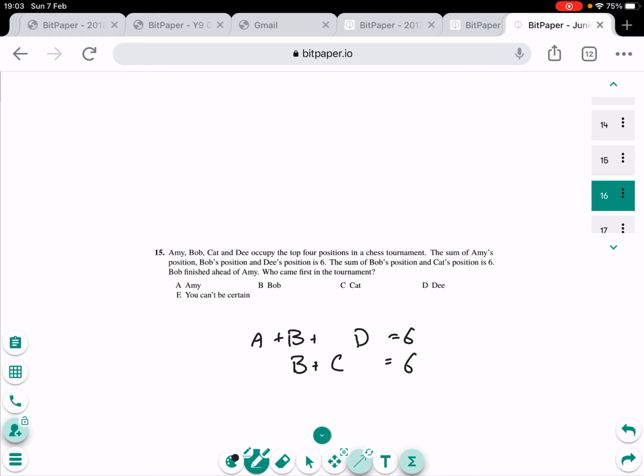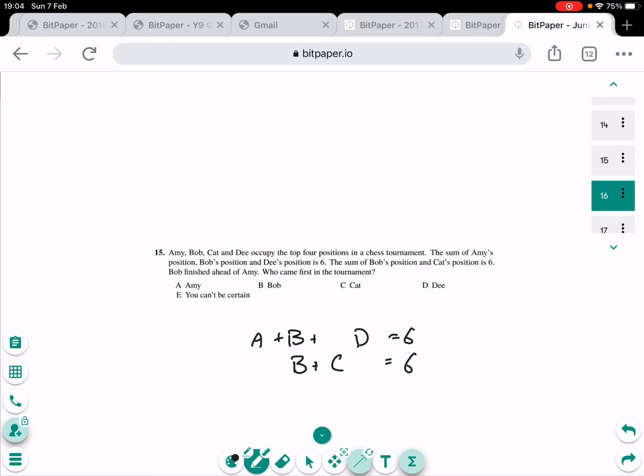So B finished ahead of Amy. Who came first in the tournament? You know that C is quite a high position, as it is larger than A and D, and B finished ahead of Amy.